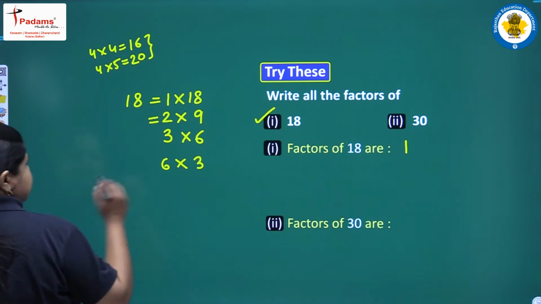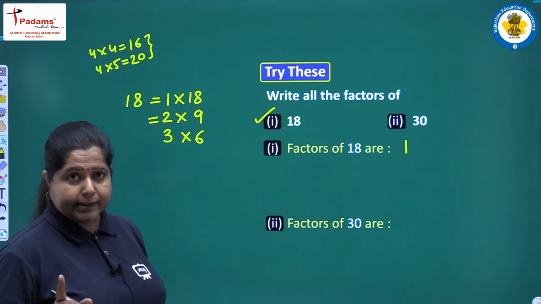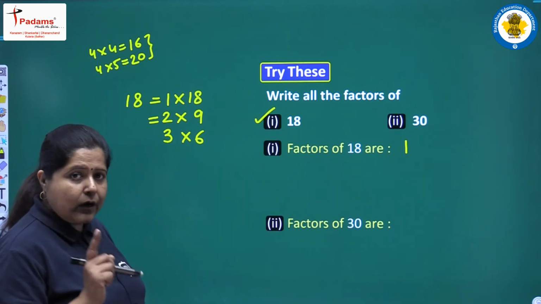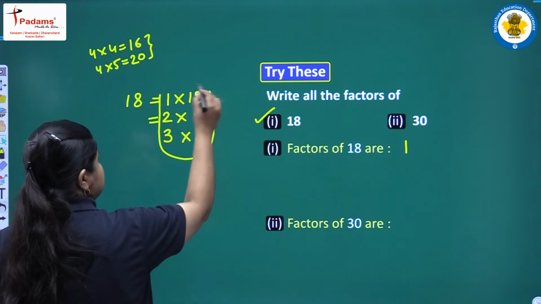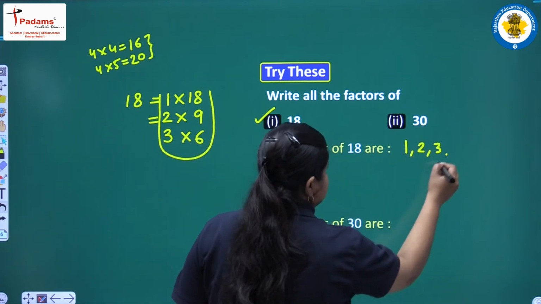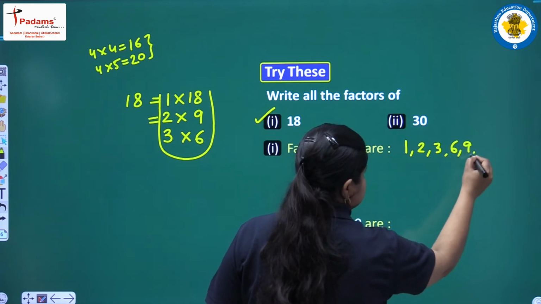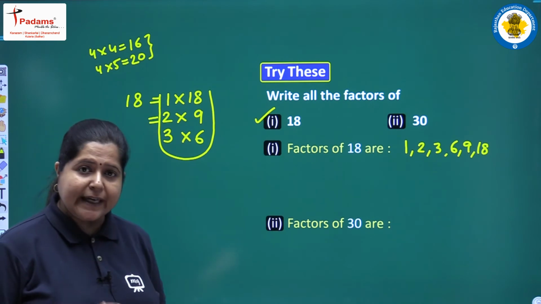We will take each pair only once. So now we can write the factors of 18. We will write in this U shape, in this pattern: 1, 2, 3 and then 6, 9, 18. These are the factors of 18.